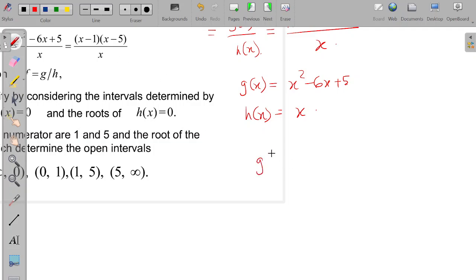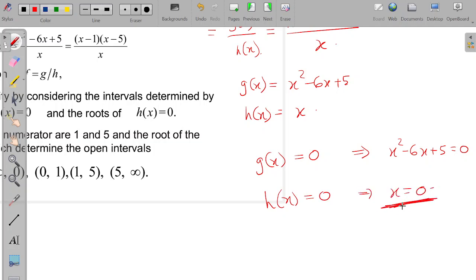So if I equate g of x to 0, that implies x squared minus 6x plus 5 equals 0. I factorize it to get my values. Then I equate h of x to 0, which implies x equals 0.